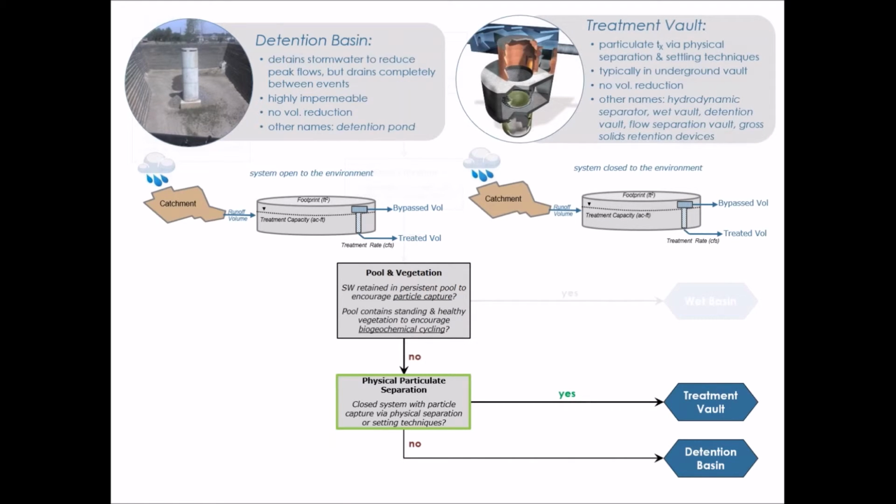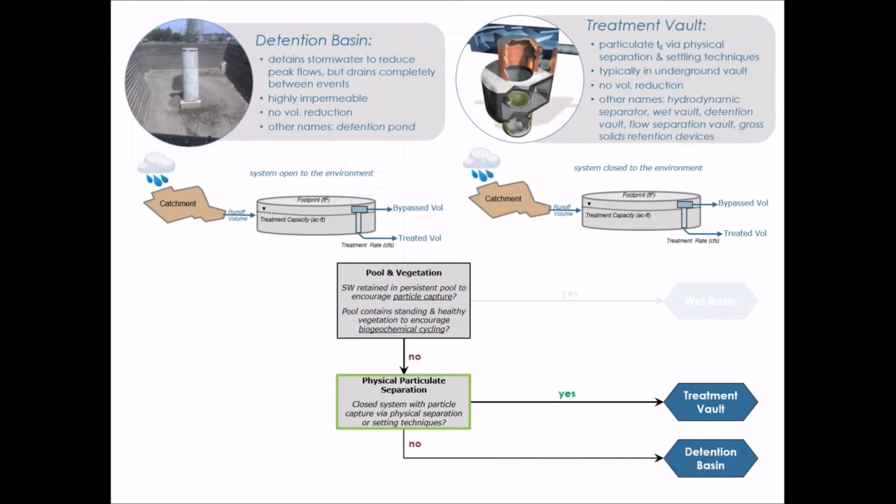Finally, closed system BMPs employing physical particle separation are called treatment vaults. Treatment vaults are proprietary, prefabricated subsurface flow-through structures that physically separate sediment, trash, leaf litter, and other particulates through separation and settling techniques such as swirling vortex, screens, baffles, and weirs.